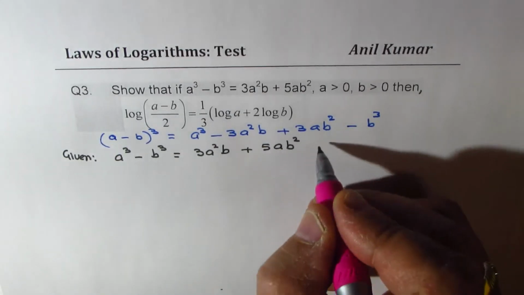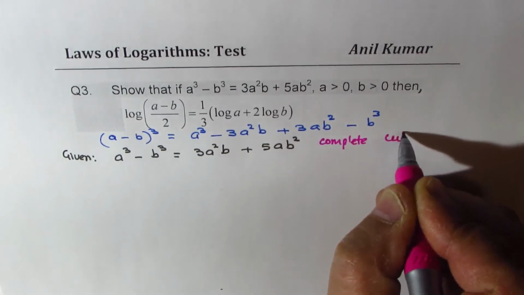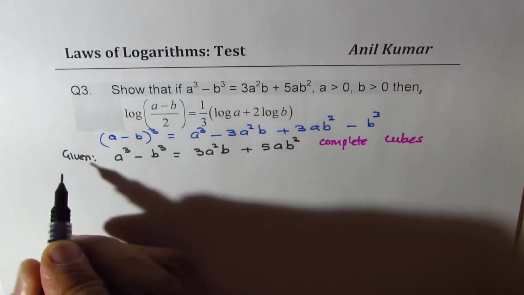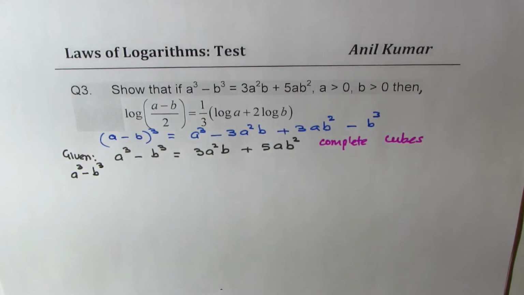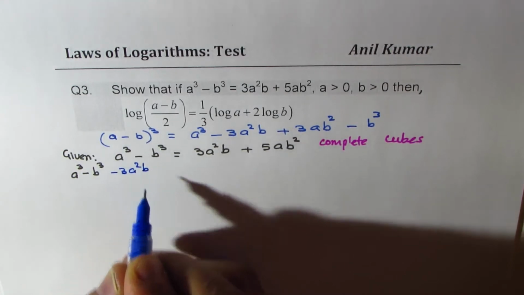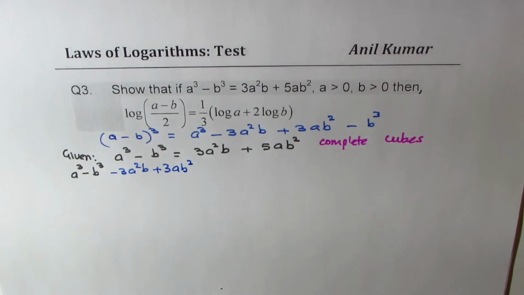So let me write down here. The step here is complete cubes. Now this is a very critical step to solve such questions. So we have a cube minus b cube. We are adding these two terms, which are minus 3a square b and plus 3ab square, right?